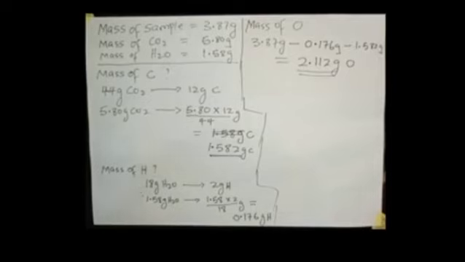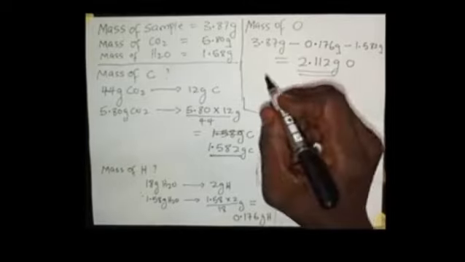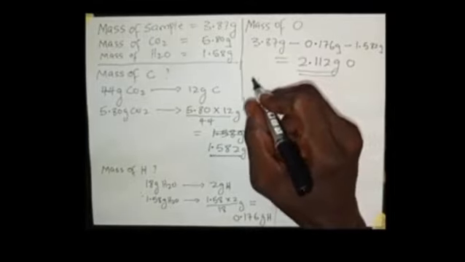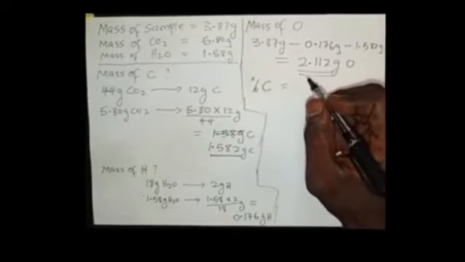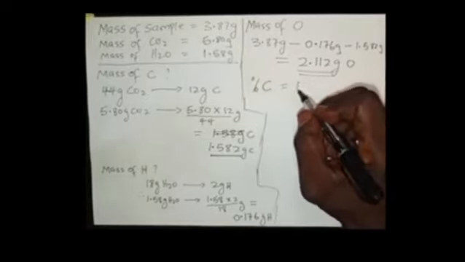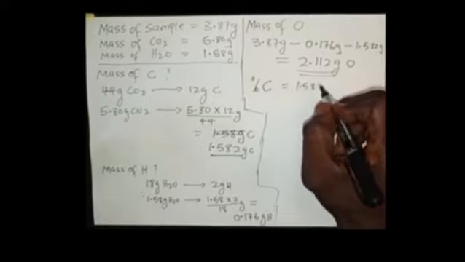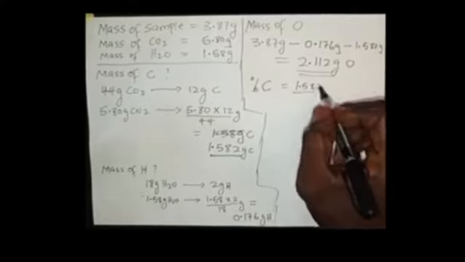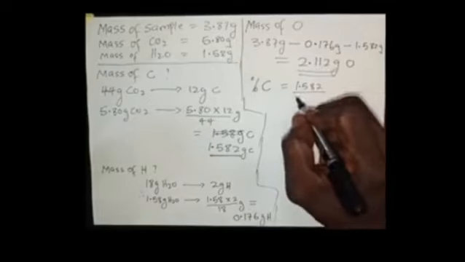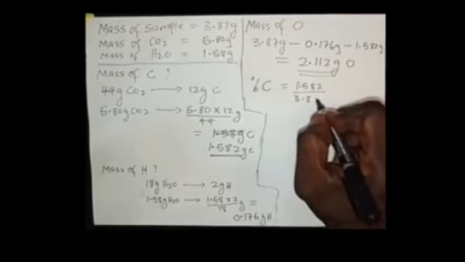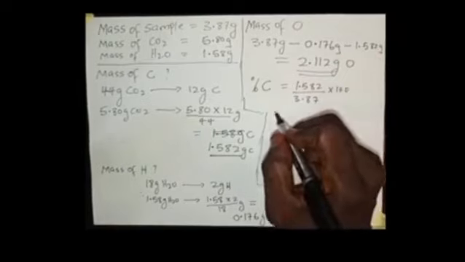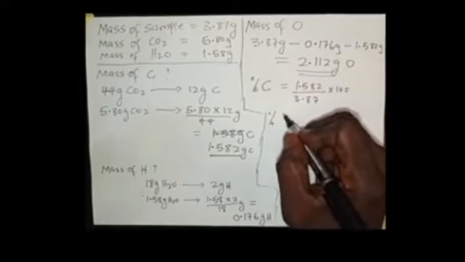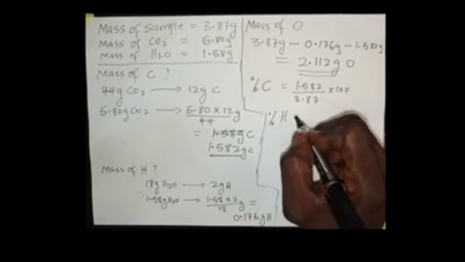So the percentage composition of carbon is going to be equal to, what's the mass of carbon we obtained? That was 1.582. I'm going to divide this by the total mass of the sample, which is 3.87, multiplied by 100. To get the percentage of hydrogen, I'll do the same.